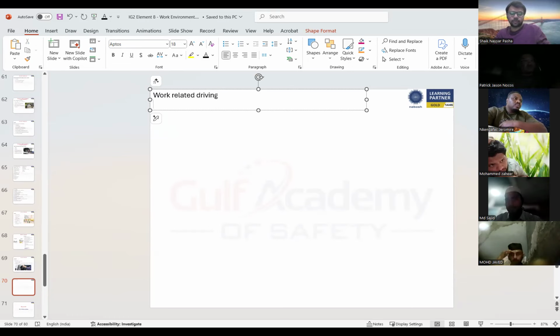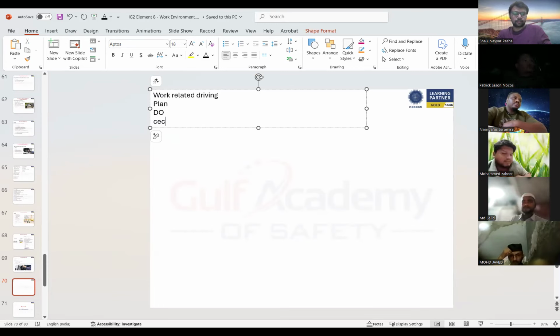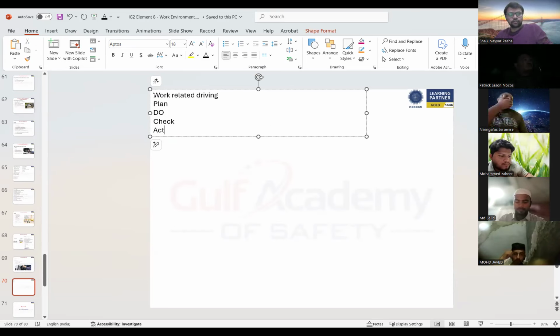In the same way, there should be a proper vehicle management system, which is plan, do, check, and act. A policy should be developed for vehicle management, or vehicle transportation safety should be considered in the health and safety policy.